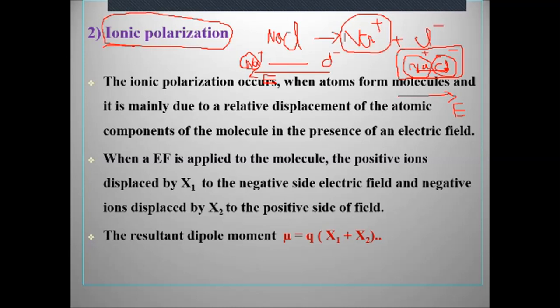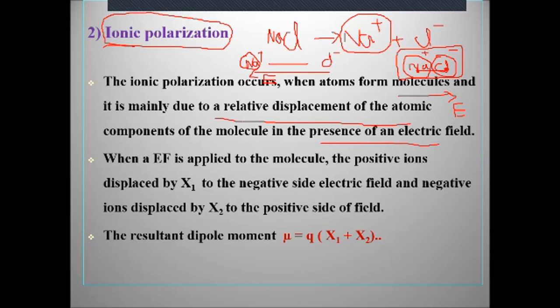Ionic polarization occurs when atoms form molecules, and it is mainly due to the relative displacement of atomic compounds in the presence of an electric field.